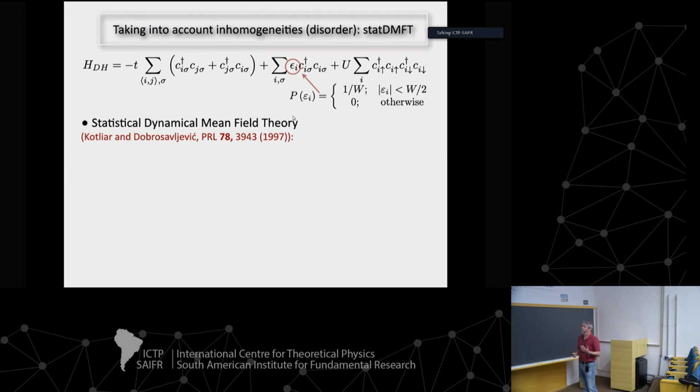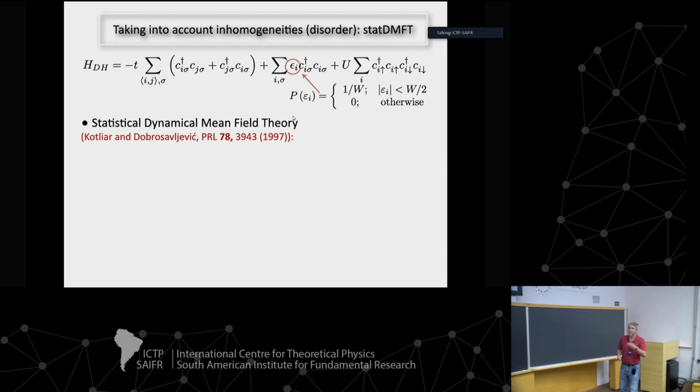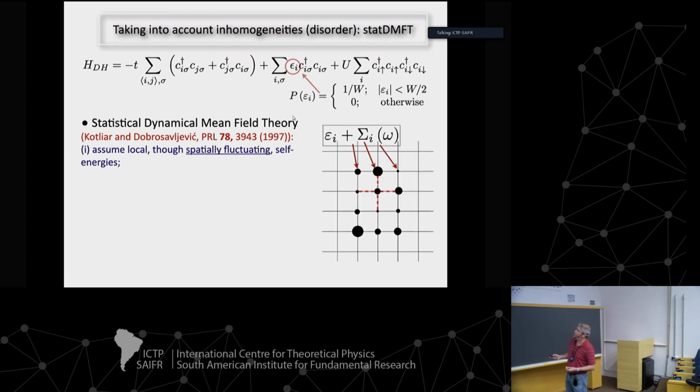What we have been doing over the years is to use an extension of dynamical mean field theory that takes into account spatial fluctuations of the self-energy. The self-energy, which before was the same all over the sample and dependent on frequency, now varies from site to site.